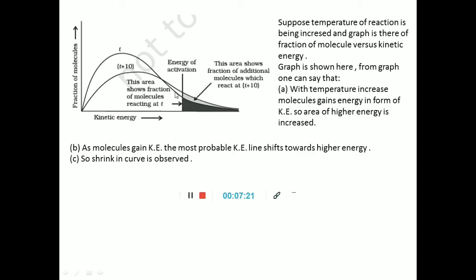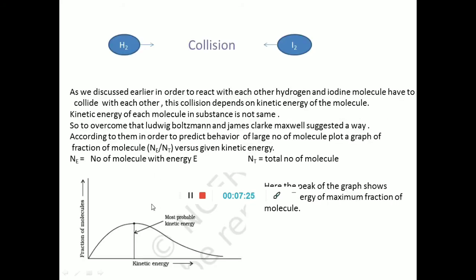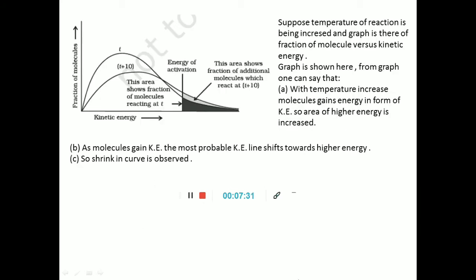Now you can see in the previous slide, the line was somewhat in the middle of the curve, but here the line is shifted towards the right hand side. With an increase in temperature, molecules gain some energy.